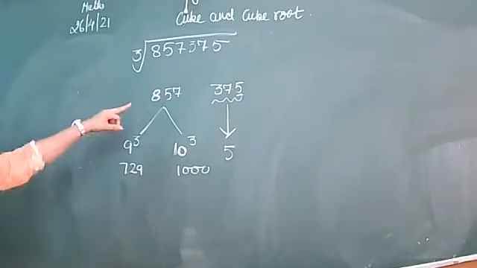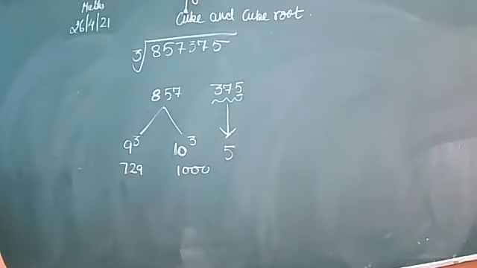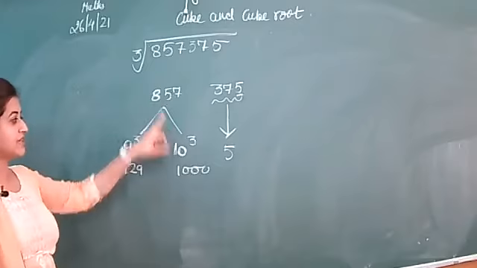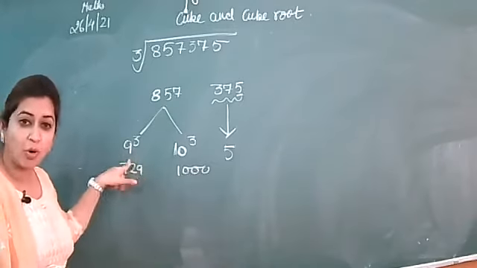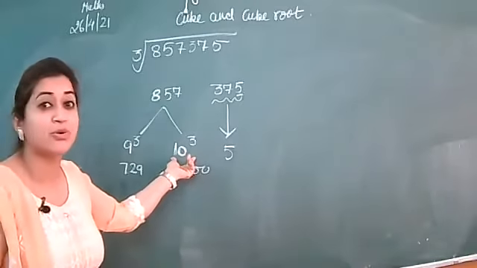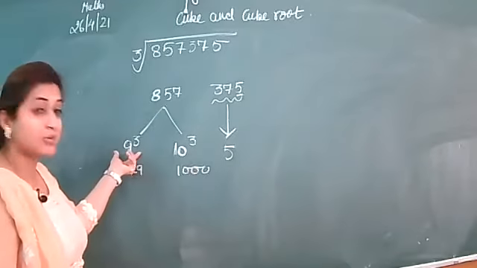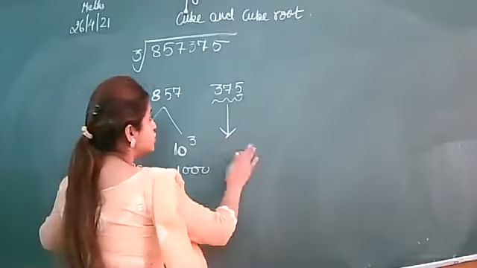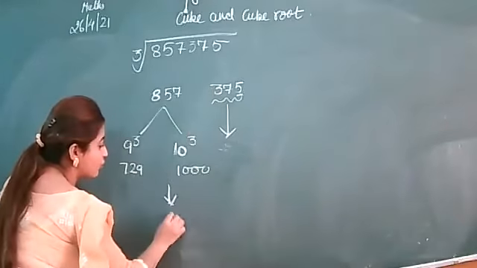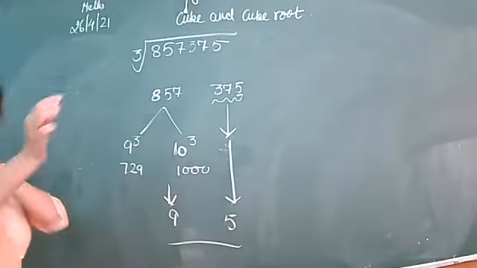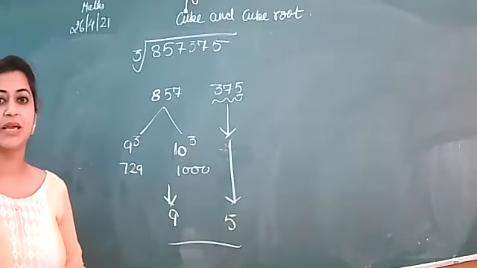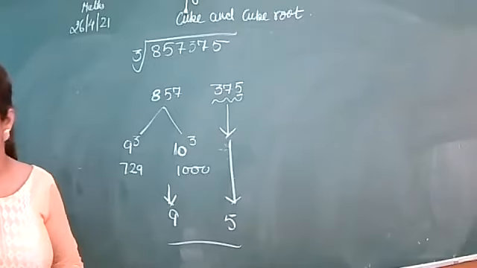So this number is nearest to which number? You have to see which one it is nearest to. So you will take the smaller. Actually this is a 2-digit number, so you can't take a 2-digit number. So for this you will take 9 and from this you will take 5. So the answer will be 95. Is it okay? Is this clear?